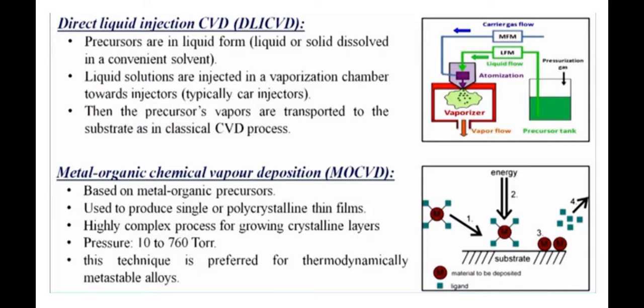So we are having some kind of pressurized precursor tanks where we are applying a certain kind of gas pressure. Due to that gas pressure, the liquid goes into an atomization process, generally we call it the atomizer. Where the liquid goes, a high pressure of air is given.